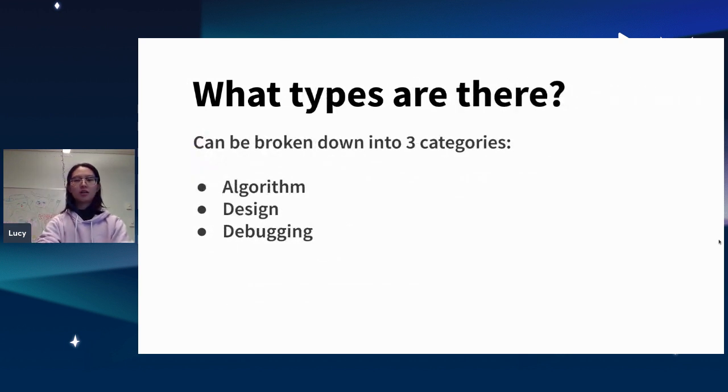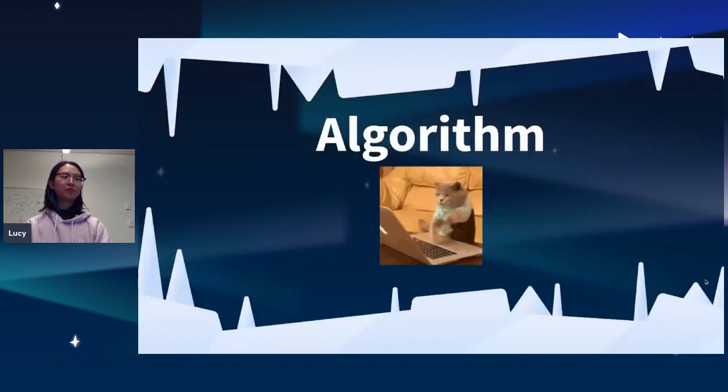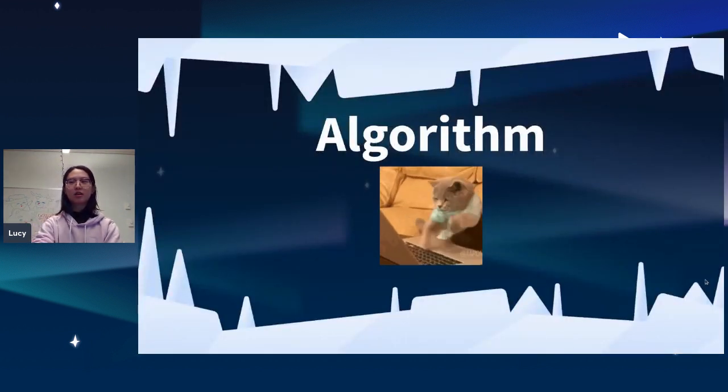Okay, so there are three broad categories that you can break a technical interview into. The first one is algorithm, the next one is a design question, and lastly is debugging. There are probably interview questions that can fit into multiple categories, but these are the most commonly seen. The first one we'll go over is the algorithm type of technical interview question.